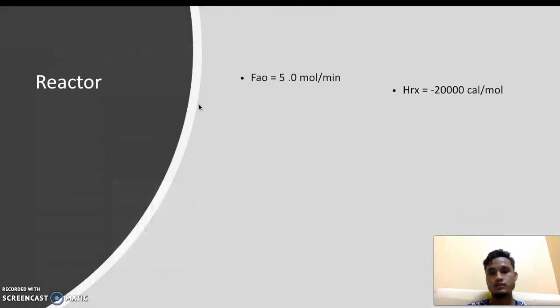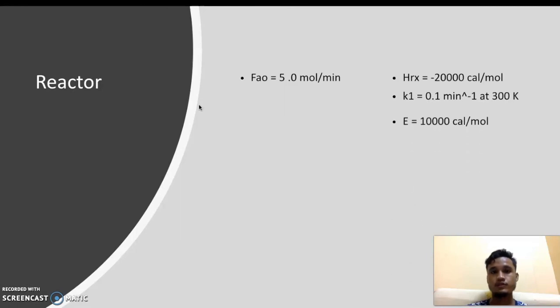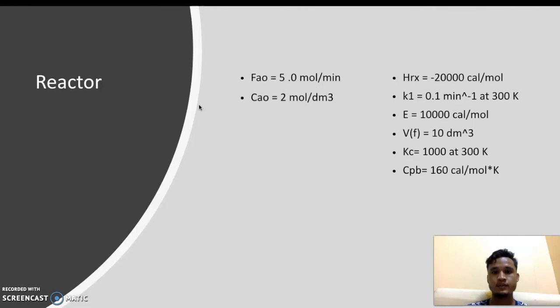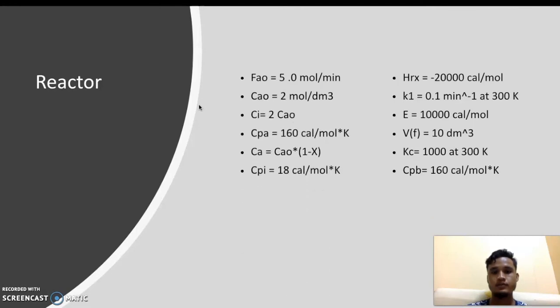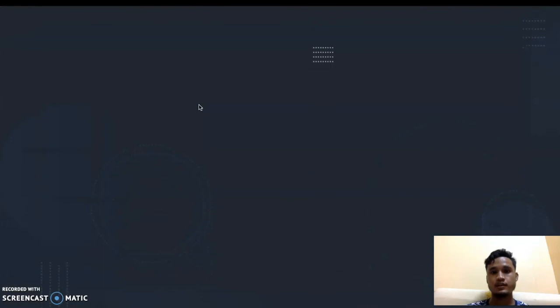These are all the requirements or specifications given in the question for the reactor. We can see that the concentration of the inert is 2 times the concentration of initial species A, because as mentioned in the question, the ratio is 2:1. So we use times 2. And the initial temperature for the reactor is 300 Kelvin.